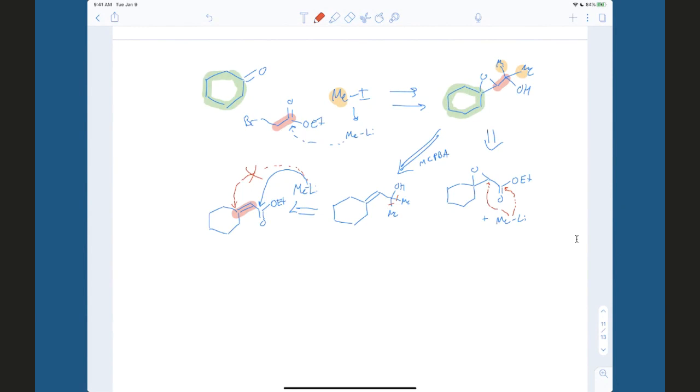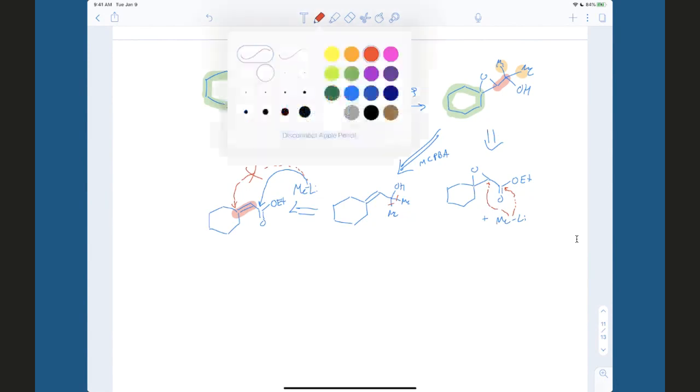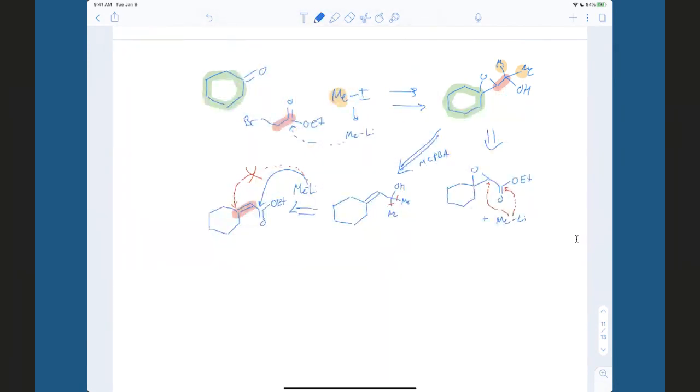So that is a great way to make this. You potentially could also do this with the Reformatsky reaction, where you're turning the alkyl bromide into an organozinc, followed by E1CB elimination. But I like the Wittig reaction. That means we need to go back to our starting cyclohexanone.